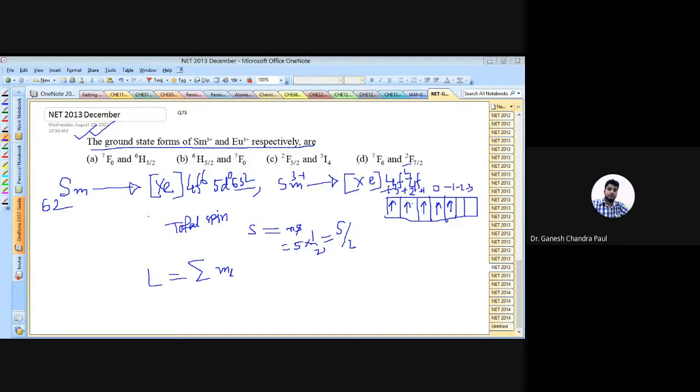These are the ml values. So plus 3 into 1 is plus 3, plus 2 into 1 is plus 2, plus 1 into 1 is plus 1, 0, then 1 into minus 1 is minus 1. So obviously from there you will get 5. Now if the value of L is 5, what will be the spectroscopic term? It suggests H. Yes, it is H.